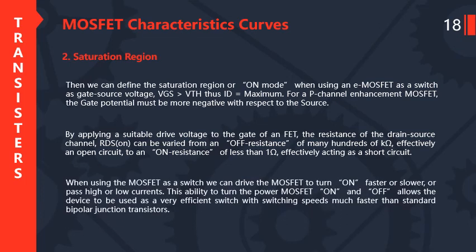When using the MOSFET as a switch, we can drive the MOSFET to turn on faster or slower, or pass high or low current. This ability to turn the power MOSFET on and off allows the device to be used as a very efficient switch with switching speeds much faster than the standard bipolar junction transistor.